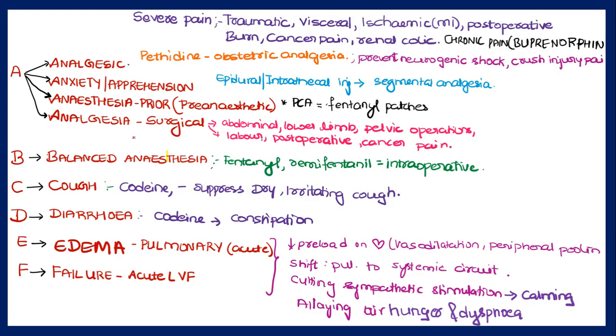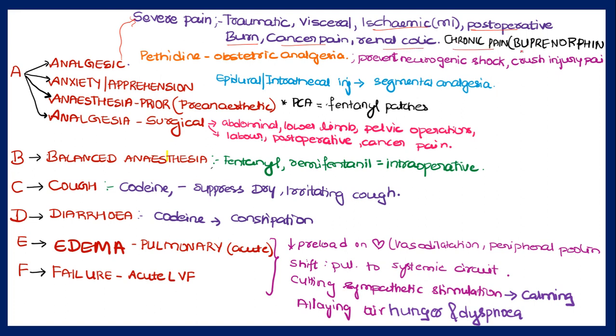Coming to the explanation, it has an analgesic action. It is used to treat severe pain associated with traumatic pain, visceral pain, ischemic pain, that is myocardial infarction pain, post-operative pain, pain due to burns, terminal illness like cancer pain, and renal colic.